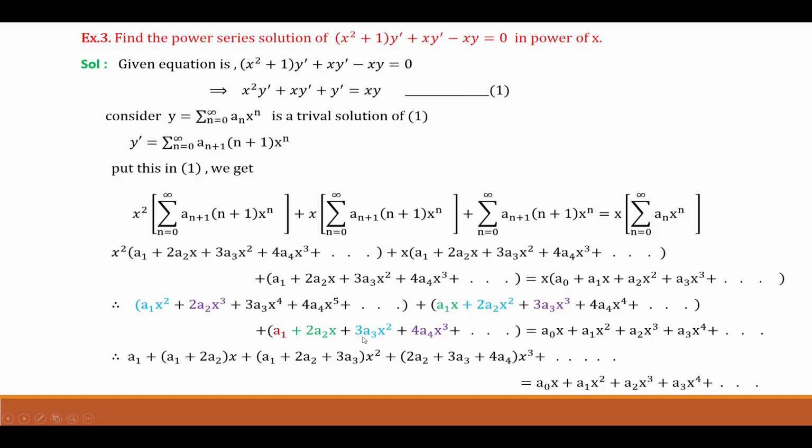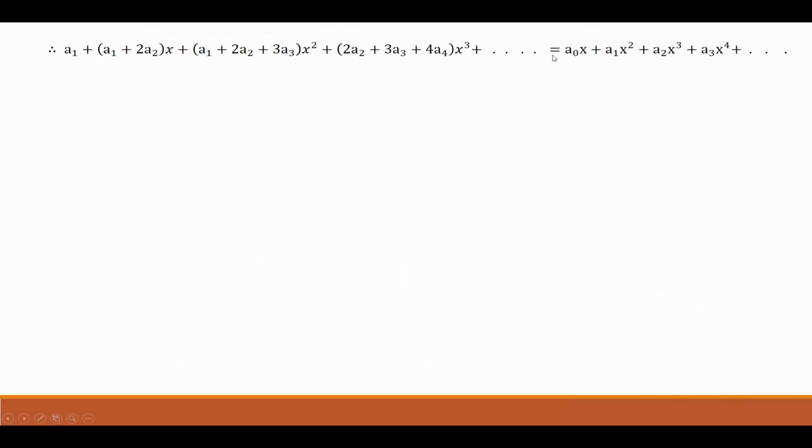From these blue color terms x square common, inside the bracket a1 plus 2a2 plus 3a3 into x square, plus from the violet color terms x cube common, so 2a2 plus 3a3 plus 4a4 into x cube plus dot dot dot is equal to, right hand side, a0x plus a1x square plus a2x cube plus a3x raised to 4 plus dot dot dot. Write down the same step on the next page.